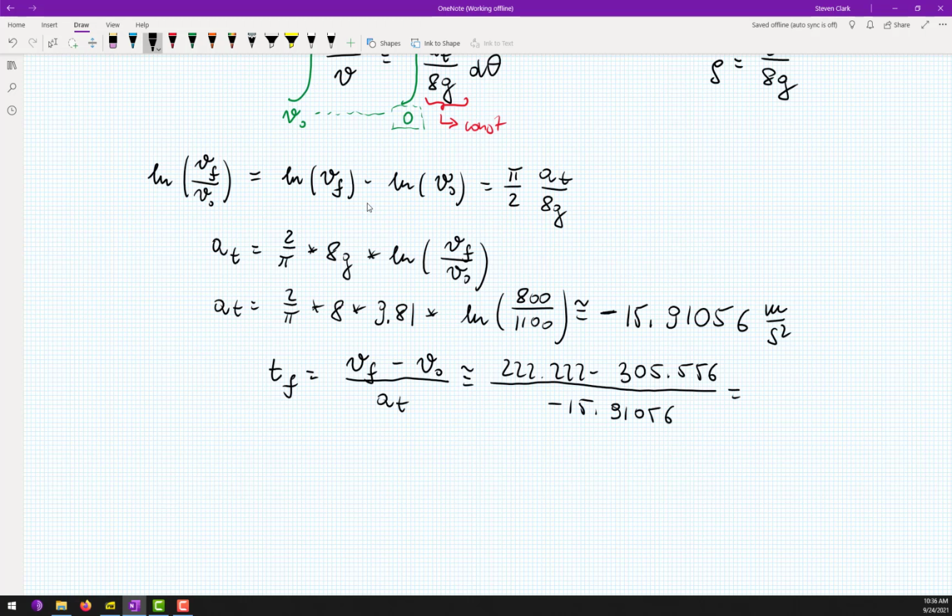Grab your calculators and obtain that that turn takes approximately 5.238 seconds. Bang! The end of the problem.